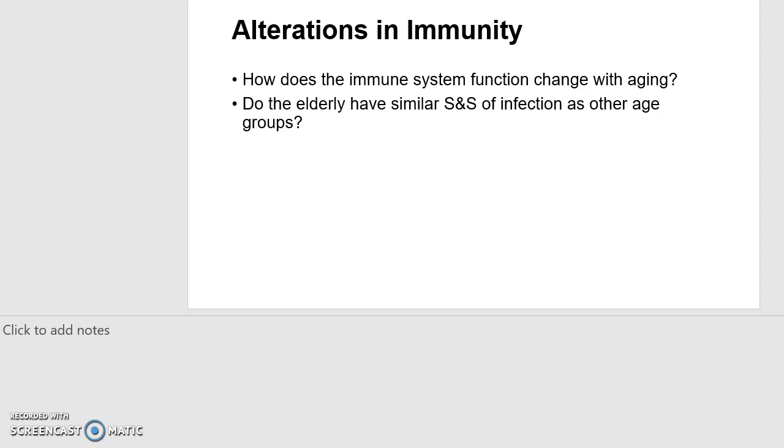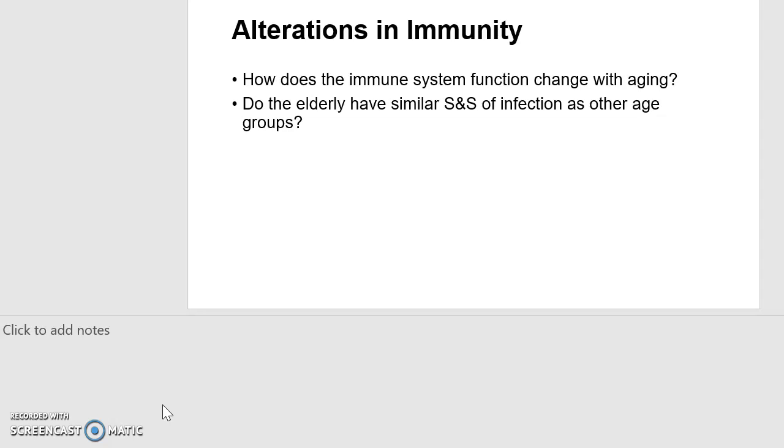So we want to talk about how immunity changes in the aging system and if there are any different signs and symptoms of infection than in other age groups. In the elderly, the immune system is changing.